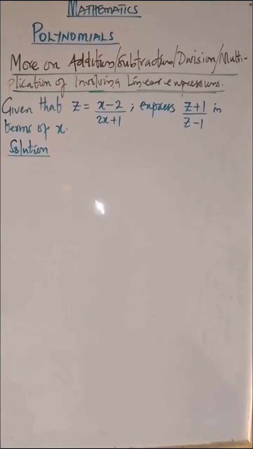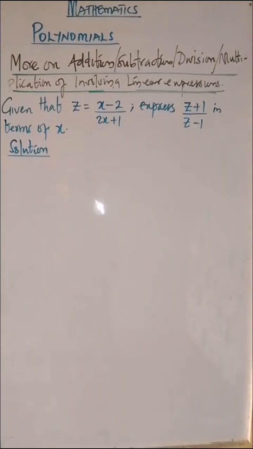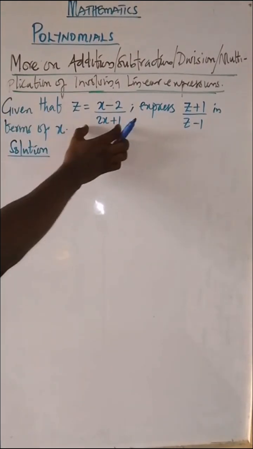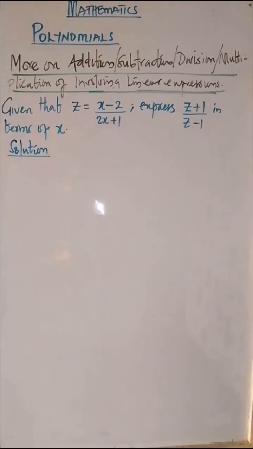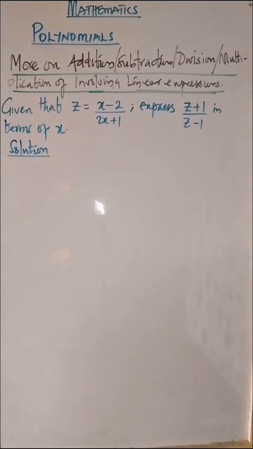Before we move to linear equation, let's take more examples under a case that involves addition, subtraction, multiplication, and division. For example, in this question, we are told that given that z is x minus 2 divided by 2x plus 1, express z plus 1 over z minus 1 in terms of x.